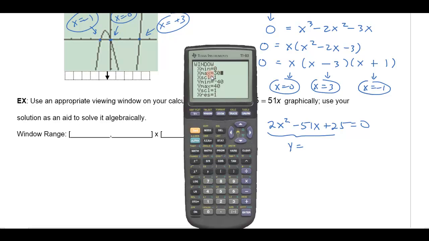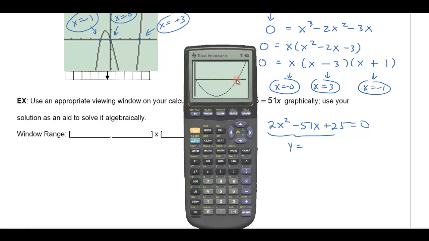Once you have set your x's here, there's a special zoom feature, zoom fit, that's number 0 in the zoom options, and that will look at your x values and automatically create a corresponding y range so you can see the whole parabola in it.